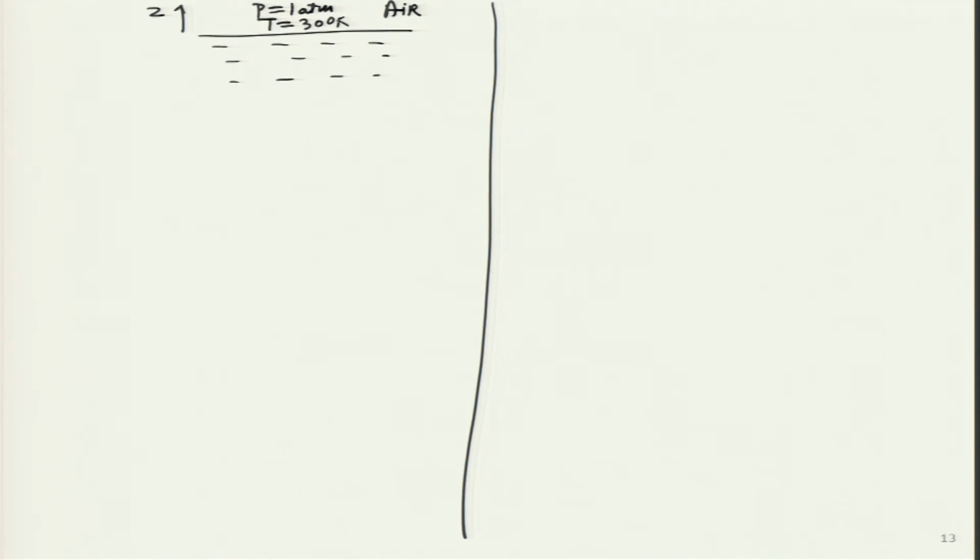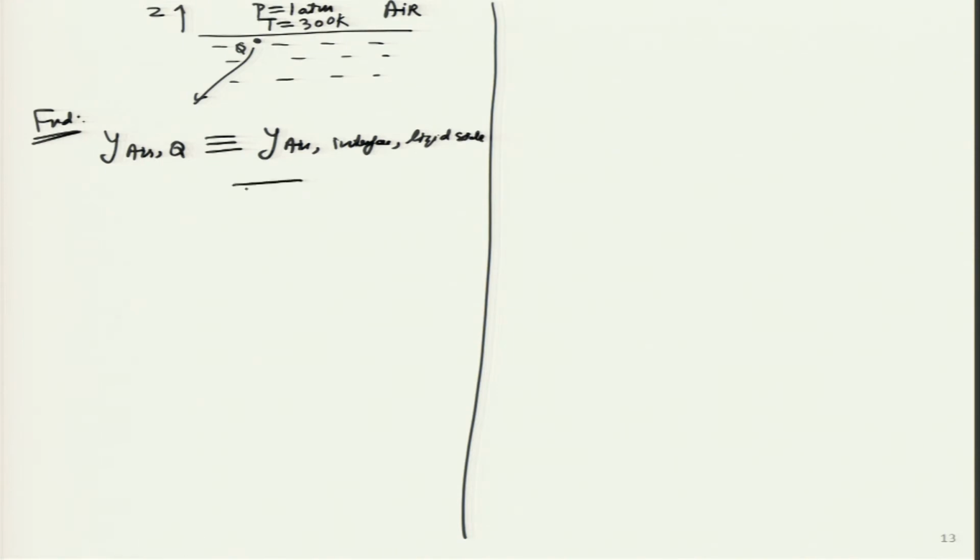What I want to find in this problem is, inside water at this interface point, let me call it point Q, what is the mole fraction of air at point Q, essentially at the interface on the liquid side. I want to find its value, so I put a question mark over here.